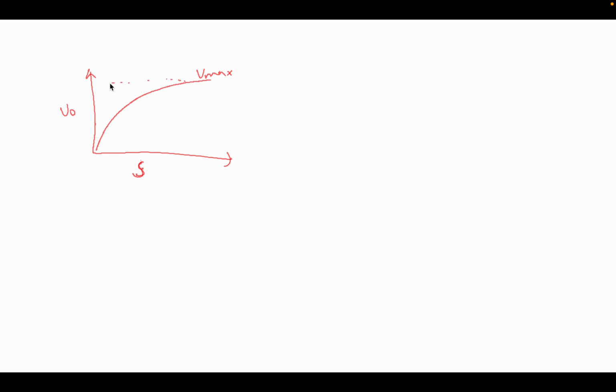When V0 is half of Vmax, the substrate concentration at this point will be our Km. Km is also known as the Michaelis-Menten constant, and it also refers to the specificity of the enzyme.